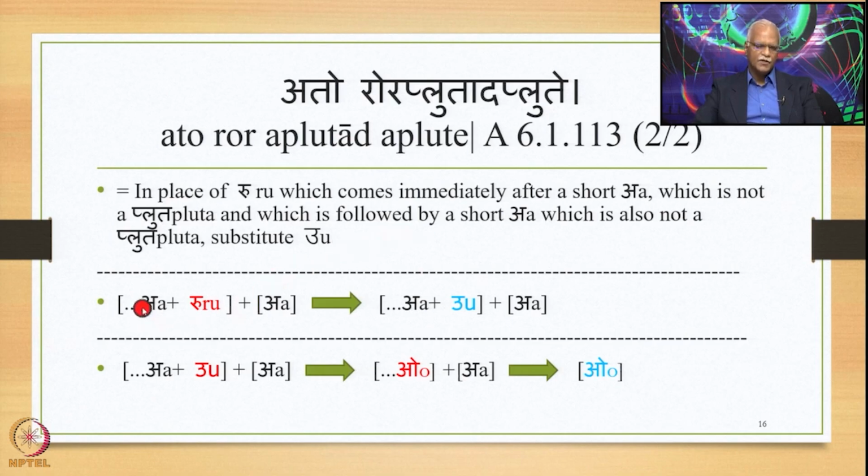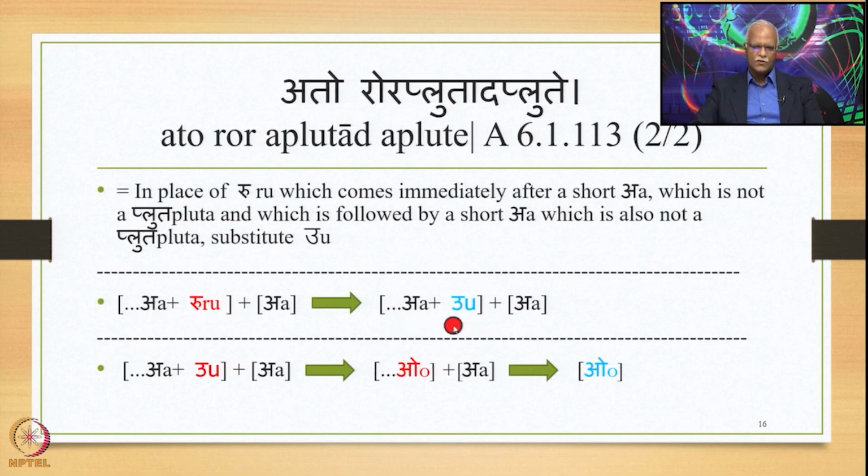So, if you have this pada and there is a towards the end of this pada, followed by ru plus a, then this ru gets substituted by u.